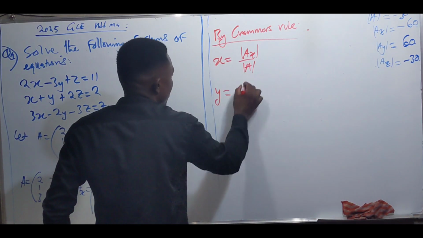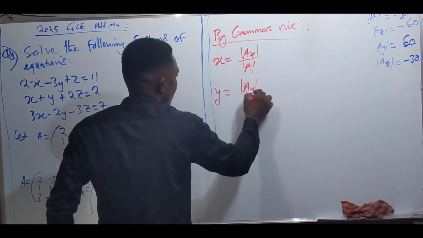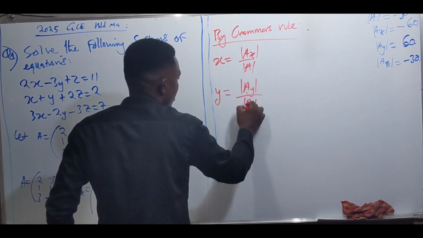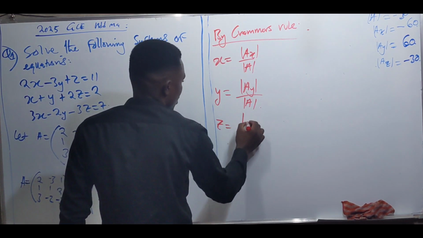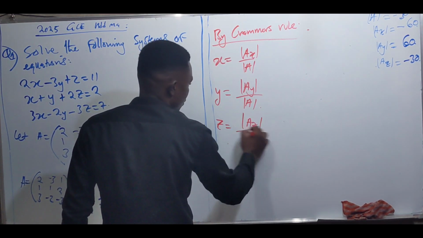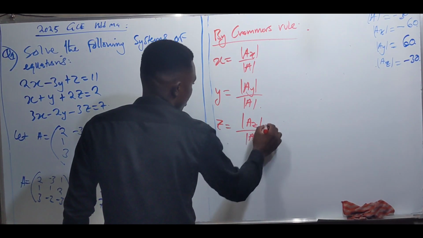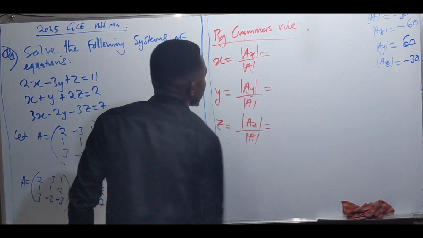Y, the same thing, the determinant with respect to the y coefficients divided by the overall determinant. For z, the same thing, the determinant with respect to the z values divided by the overall determinant, like that. We can substitute.